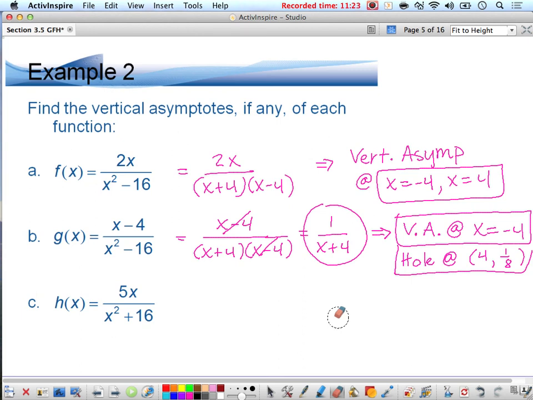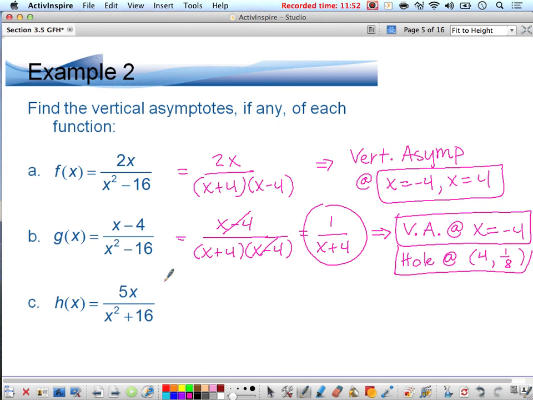Look at part C and tell me where its vertical asymptotes are. Well, first off, does it factor? No, it doesn't factor. So nothing's going to cancel. So it does not factor, does not cancel, so there are no holes. Do you understand that? The question is, are there asymptotes? Well, to find out, you set the denominator equal to 0 after you factored and canceled.